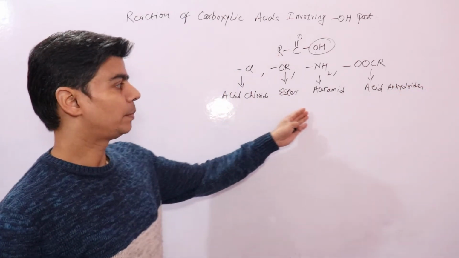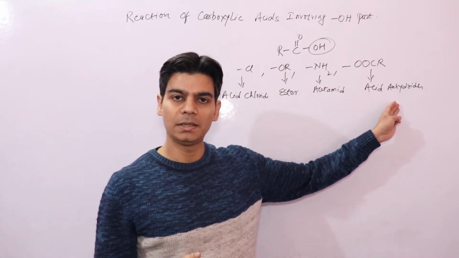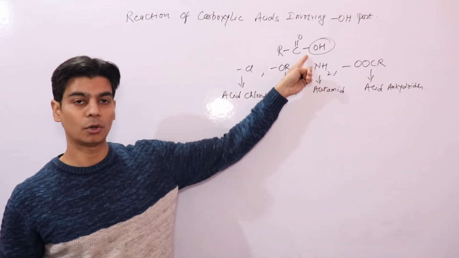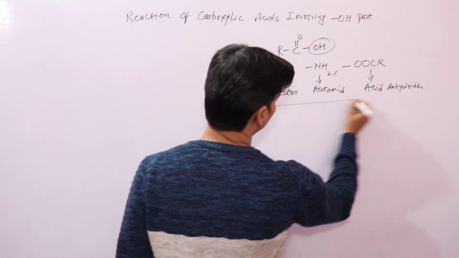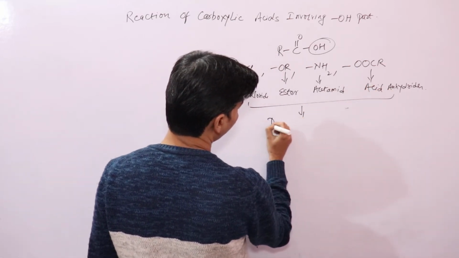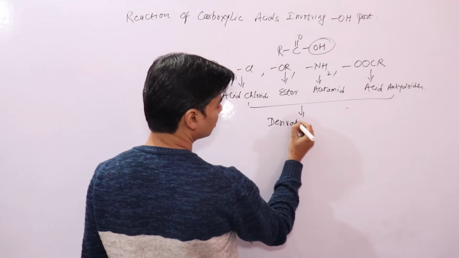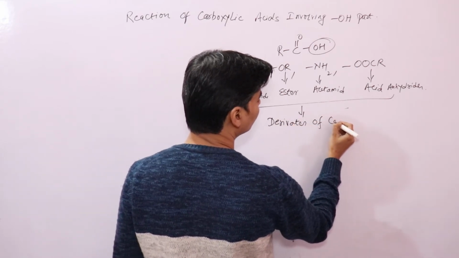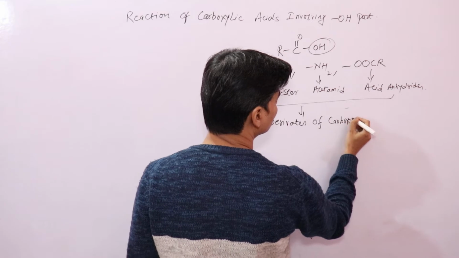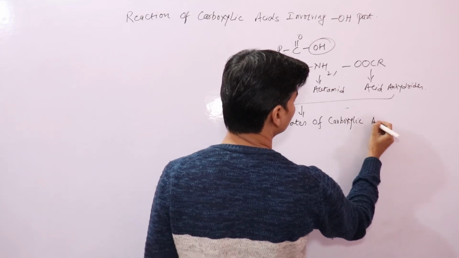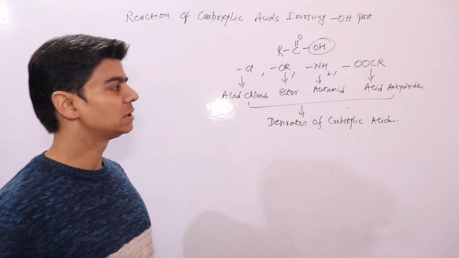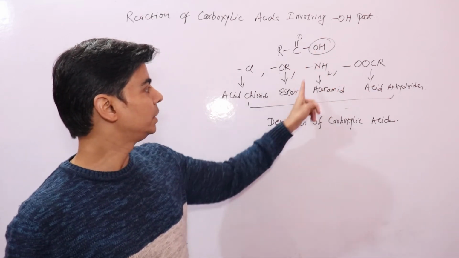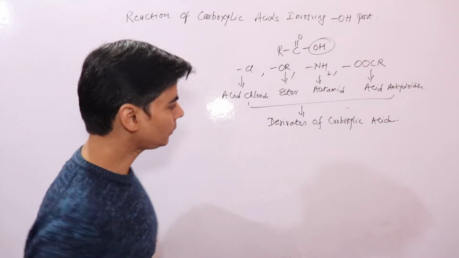So all these compounds that are obtained by replacing the OH part of carboxylic acid with these groups are known as derivatives of carboxylic acids, right?